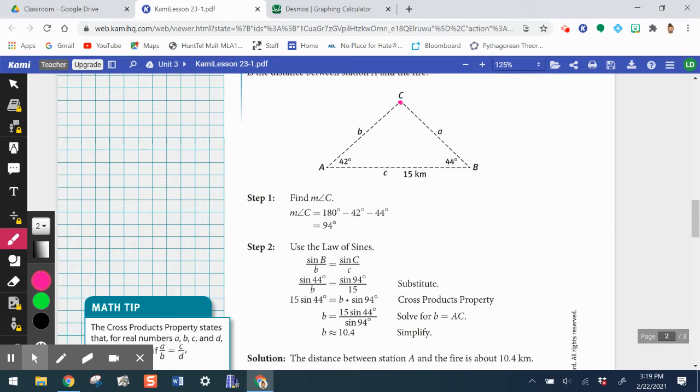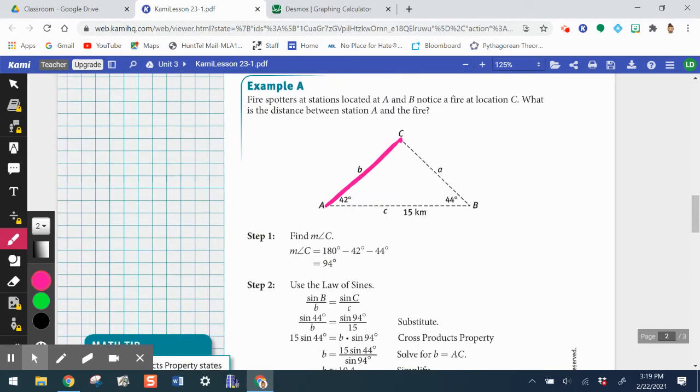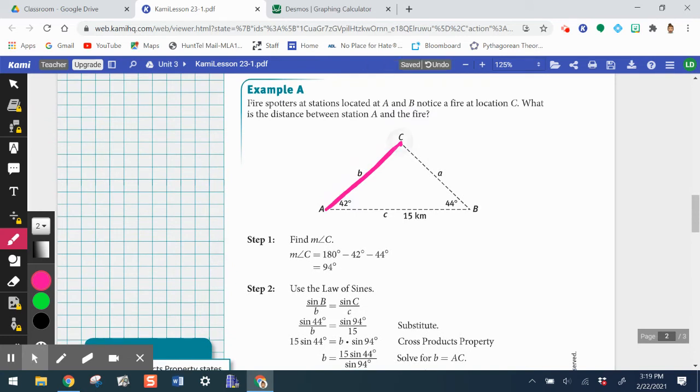So we're trying to find the distance from that first tower at A to the fire at C. And I imagine the way this problem is set up is to see which fire spotter is actually closest to the fire.